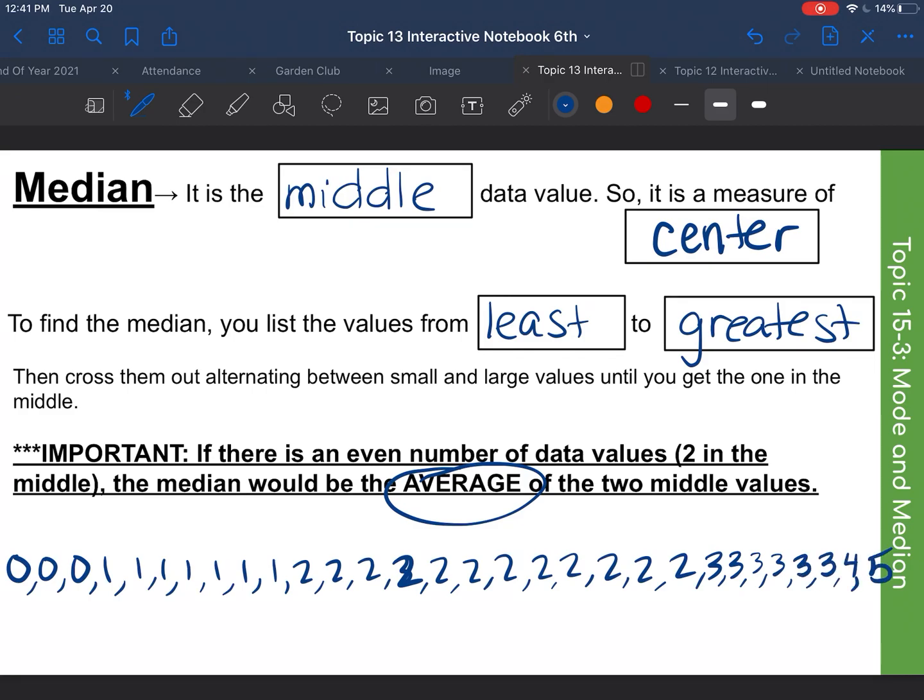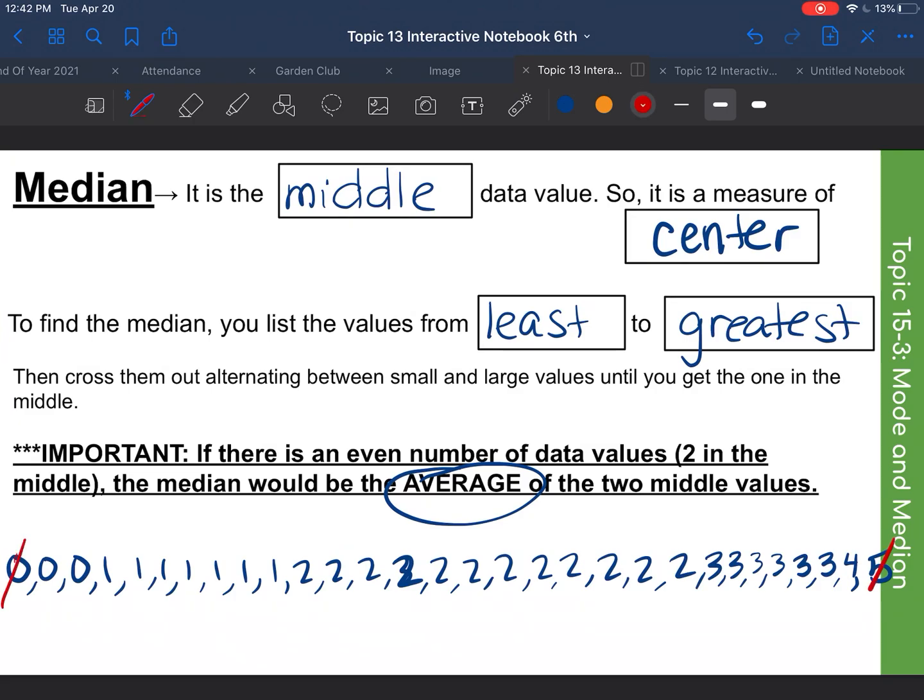So what I want you to do on a scrap piece of paper is list all of your data values in a line from least to greatest. Because now we are going to cross them off, one lowest, one highest, one lowest, one highest, until we get to the middle.